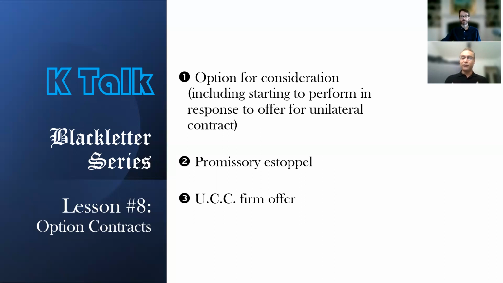So if the firm offer rule doesn't apply, the option contract is sort of waiting there in the shadows, waiting to apply in the absence of a statute. You could have a contract for the sale of movable goods, and the UCC generally applies, but option contracts are still there if the UCC provision doesn't directly apply.